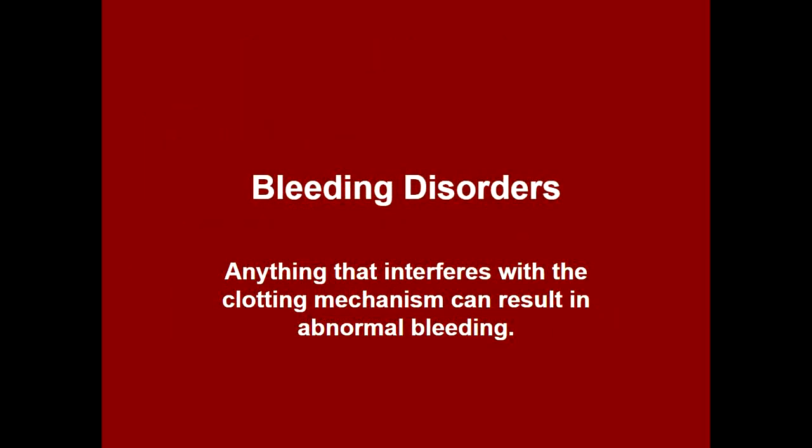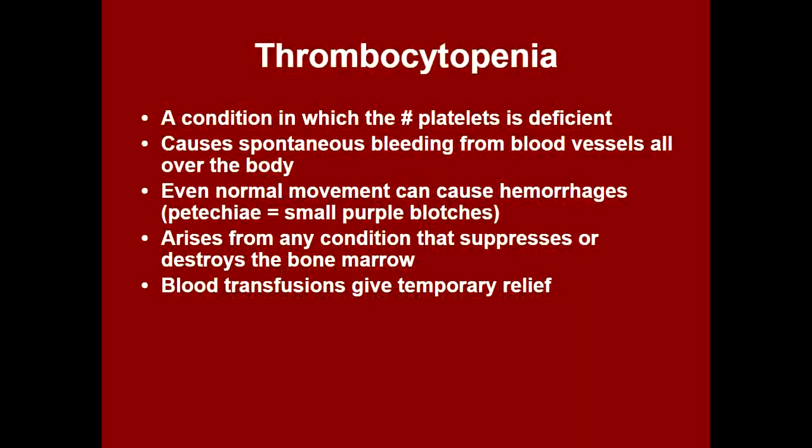Now, there are some things that can happen, homeostatic imbalances, where something could interfere with how your body clots. And we would call these bleeding disorders. It's basically where you have abnormal bleeding because something happens and you can't go through hemostasis like you need to. So the first one is known as thrombocytopenia.